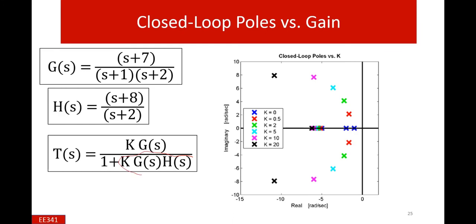If we simulate this closed loop transfer function with different values of k, these values are changing from k0 to k20.